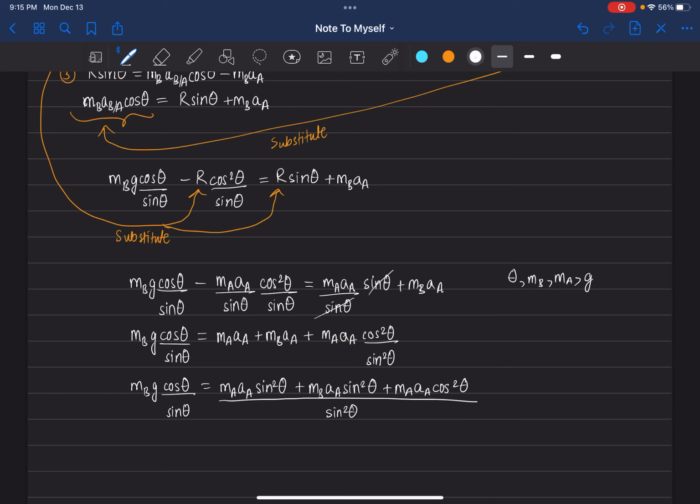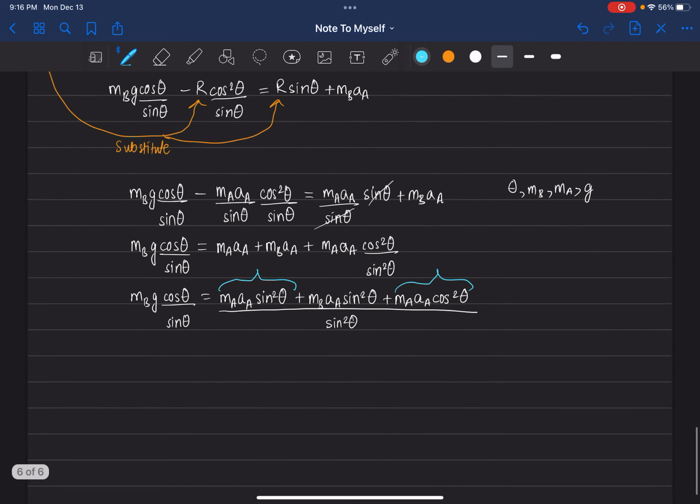Now let's focus on two main things. Let's focus on this, and let's focus on this. So m of a, a of a, sine squared theta, plus m of a, a of a, cosine squared theta. So I'm only focusing on those to prove a point, basically. m of a, a of a common, sine squared theta plus cosine squared theta.